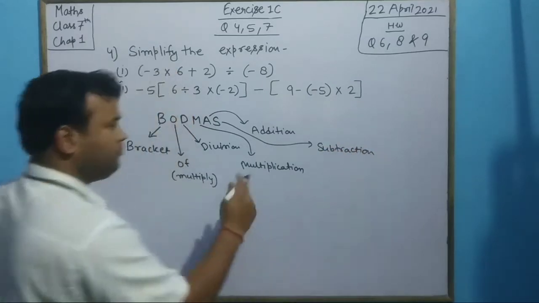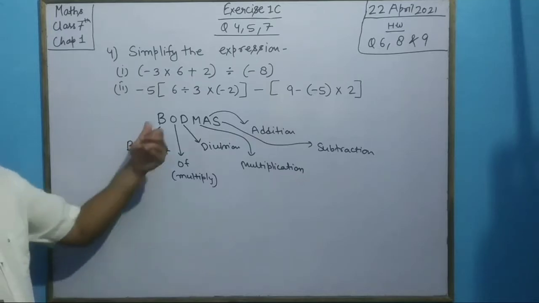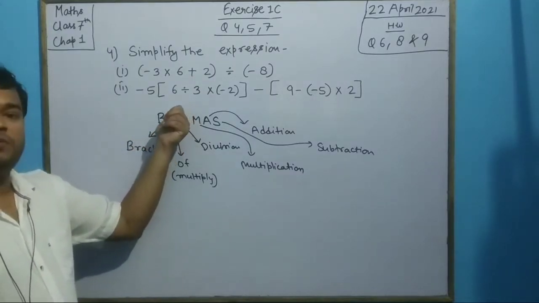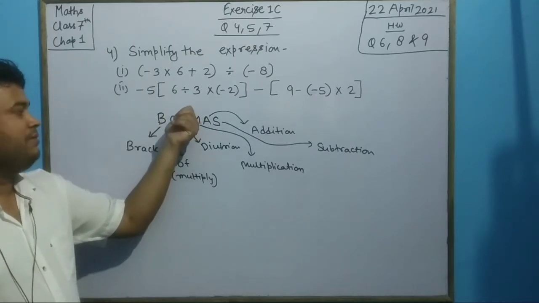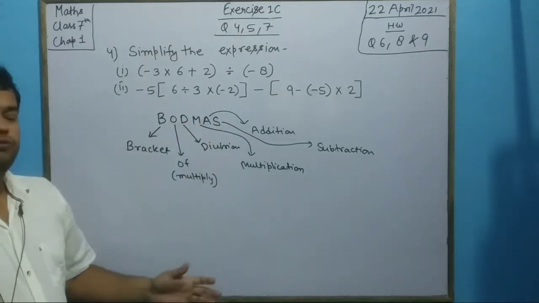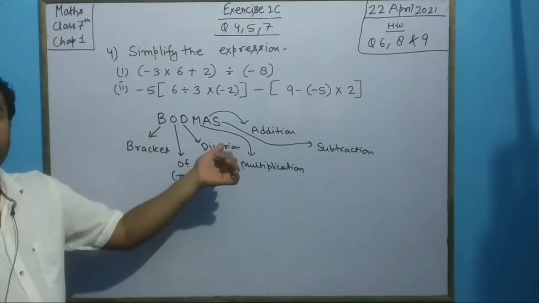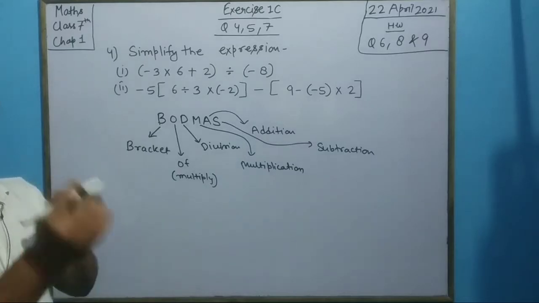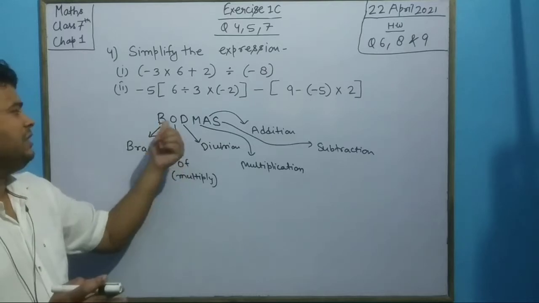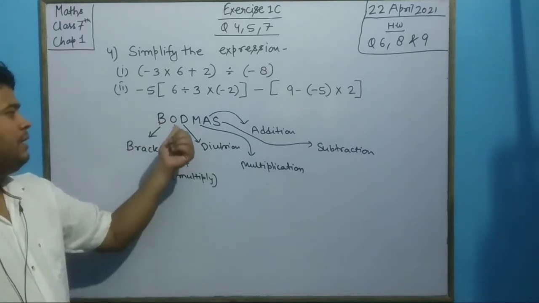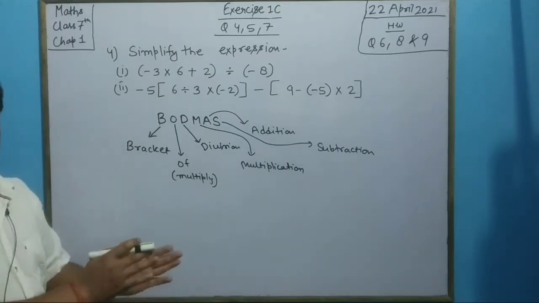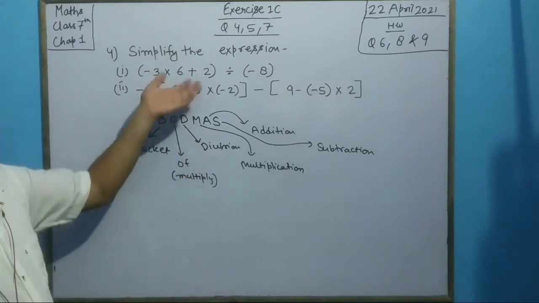So the bracket will be operated first, then of, then division, then multiplication, then addition, then subtraction. This is the priority order while operating: bracket first, then of, division, multiplication, addition and subtraction.